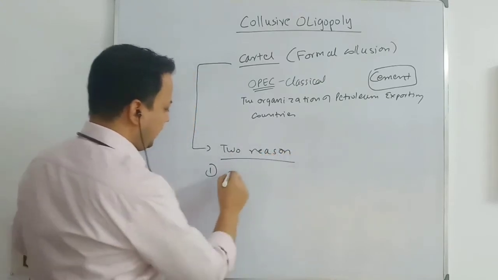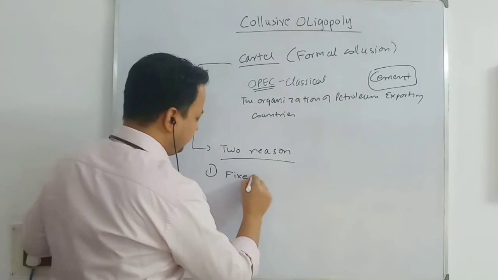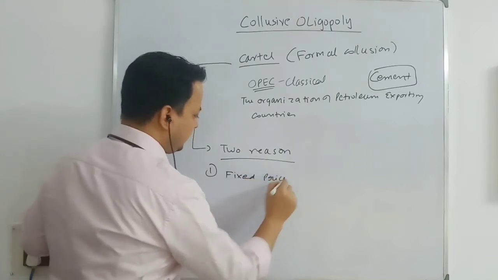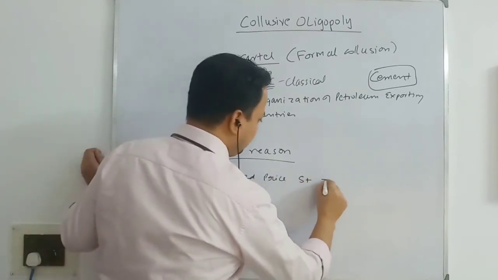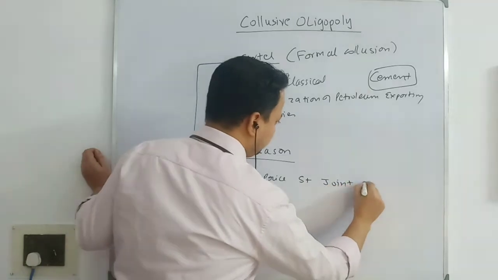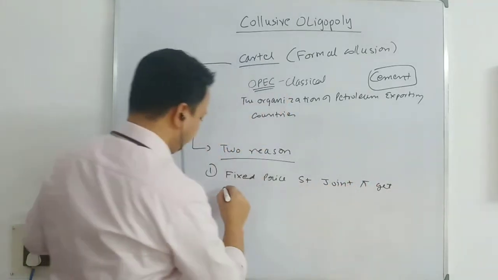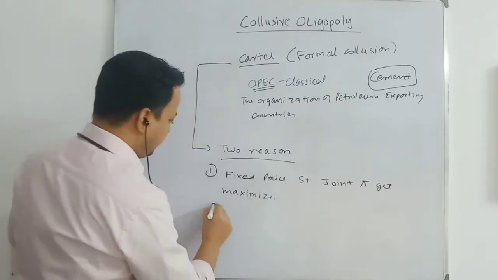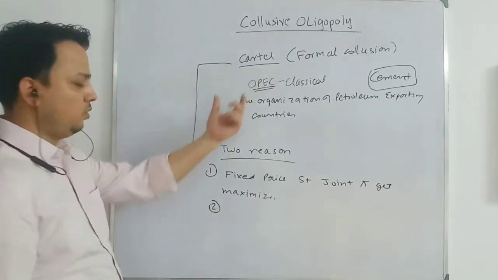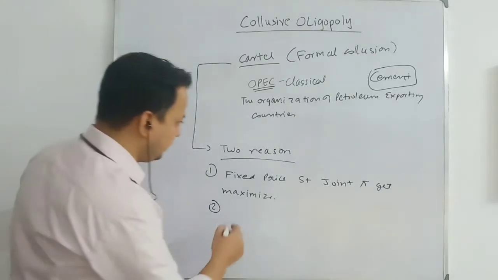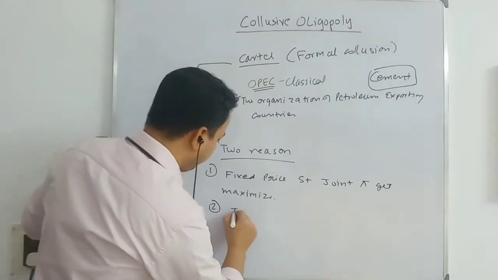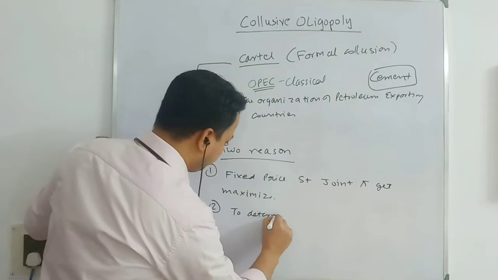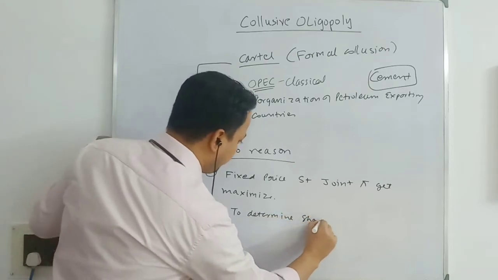First is to fix the price such that joint profit gets maximized. Second work of this cartel organization is to determine the share of each firm.